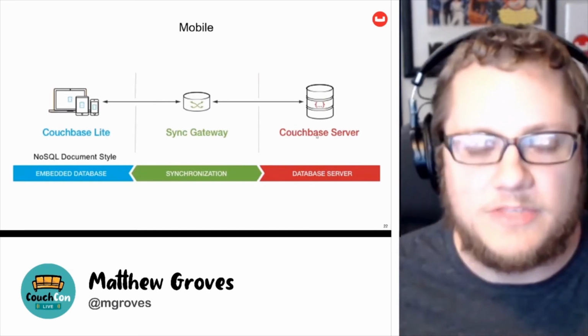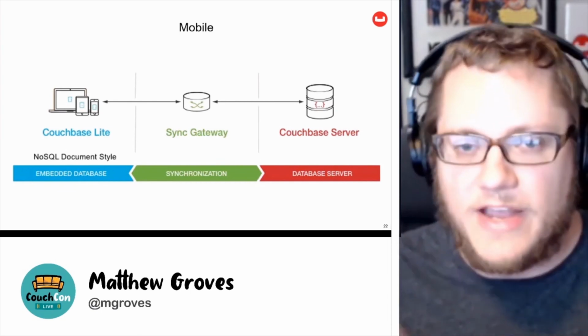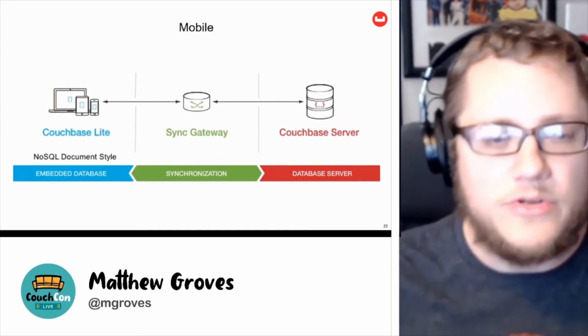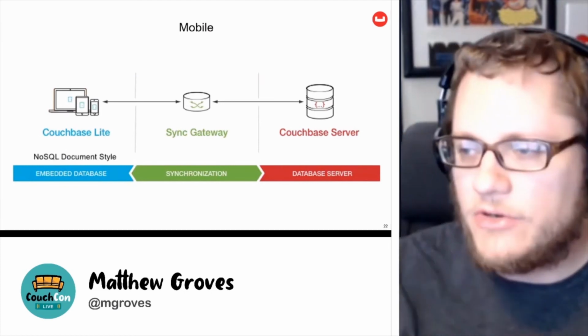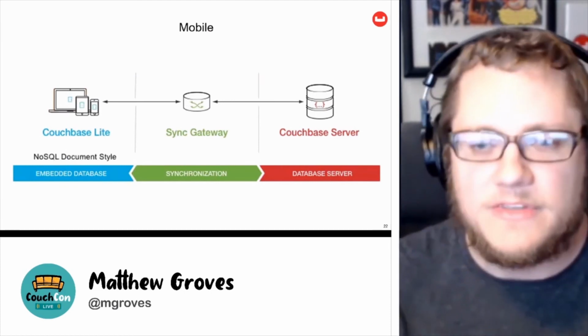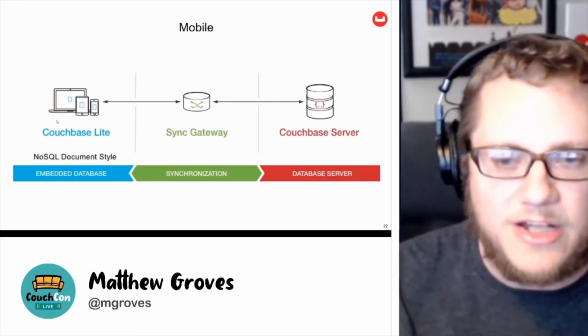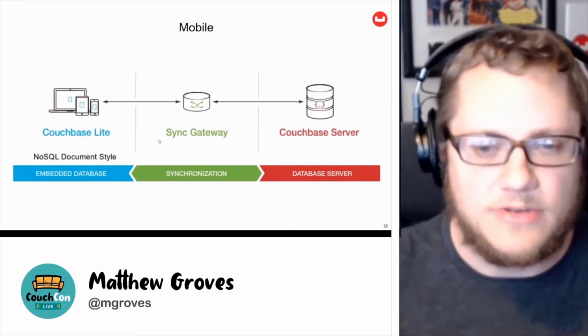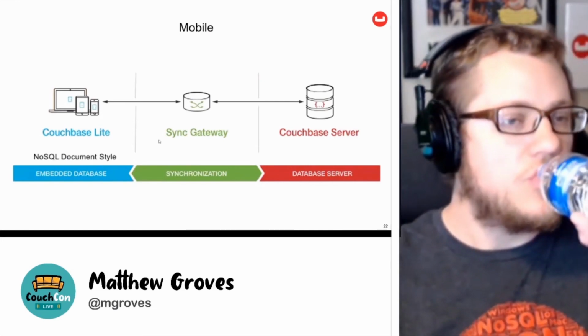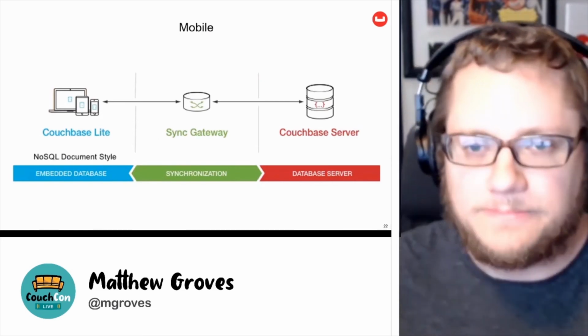And all that happens behind the scenes. You don't have to set up any sort of extra syncing code or do your own polling and create your own APIs and stuff like that. It all happens just based on reads and writes to Couchbase, and then you telling it, okay, go look to the sync gateway to start syncing data up. Easy as that.